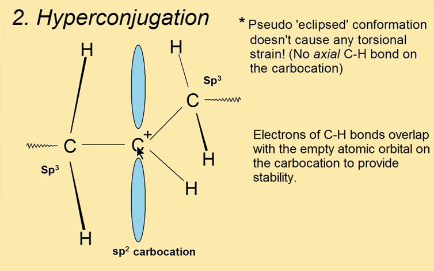And that helps create stability, as there's a slight sharing of those electrons within the empty atomic orbital. And so the more substituted the carbocation is, the greater the hyperconjugation effect.